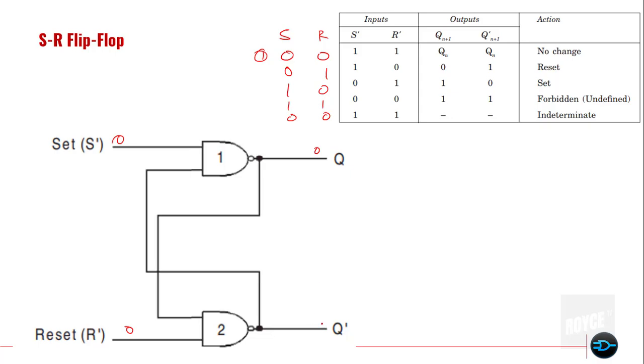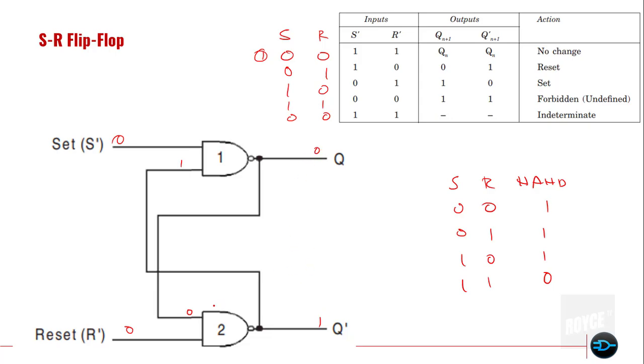If Q is 0, then Q complement would be 1. So 0, 0 here, and 1 here. It's a NAND gate, if you still remember our NAND gate: for S R 00, 01, 10, 11, the NAND output is 1, 1, 1, 0. Right? So this is the previous output, 0, 1.